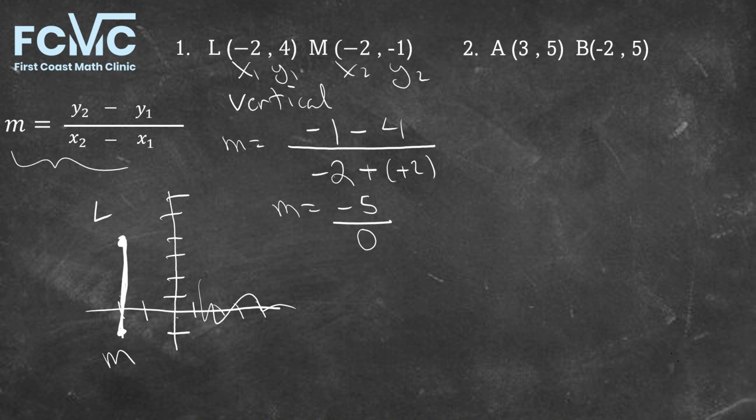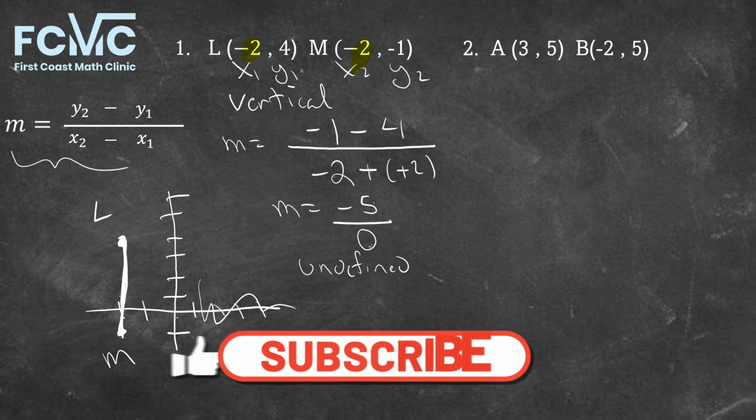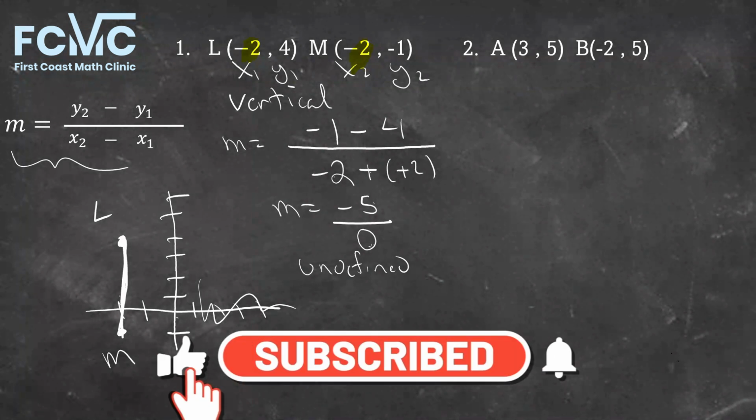Whenever we're dividing a fraction by 0, we can't divide by 0. So this is going to be undefined. Let's think about what that means. Whenever we have a vertical line, we're going to have the same x values.